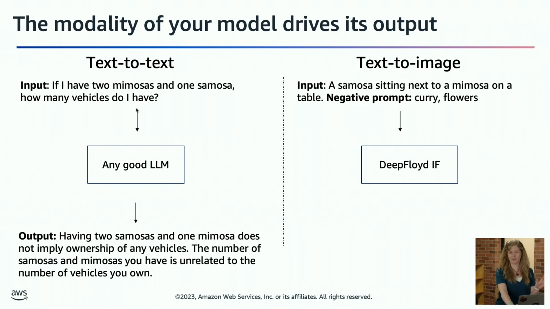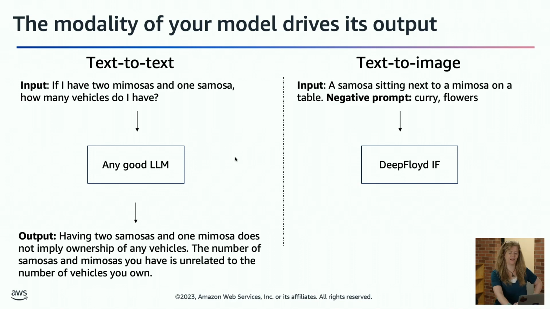To throw a red herring at it and see if it understands. And so a good LLM will tell me that having 2 samosas and 1 mimosa actually doesn't imply ownership of vehicles. It does, however, if it's a vehicle for entertainment, which I had some fun with. And so in any case, that's your good LLM.